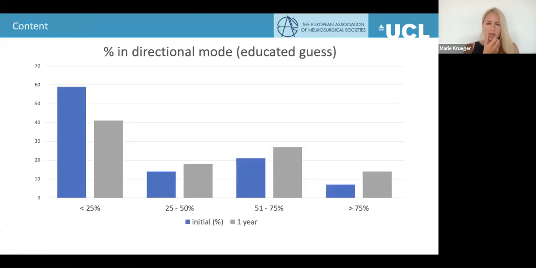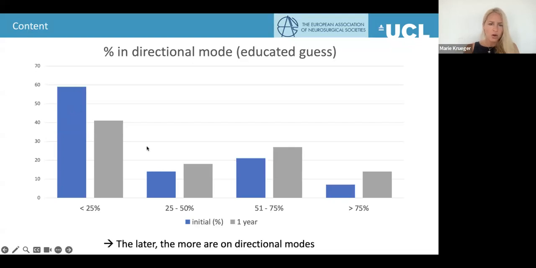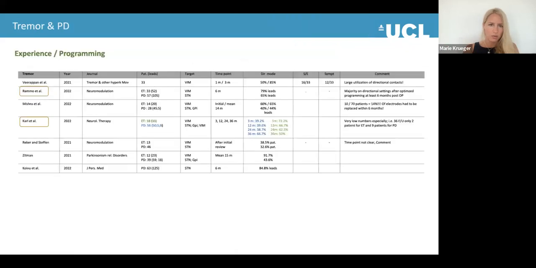So if we look at this question and answer again, the question, how much directionality is actually utilized, we can see that the later, the more patients are on a directional mode. So let's have a look at the literature if this correlates with what's been published so far.